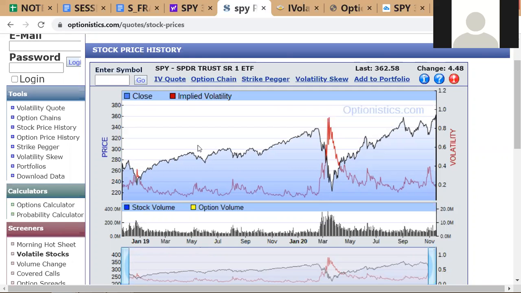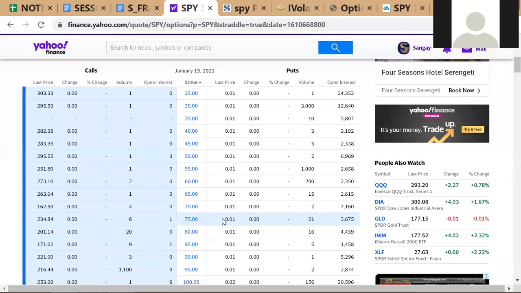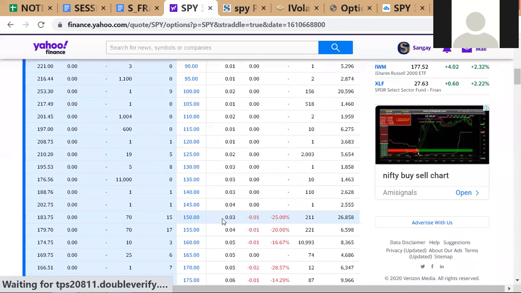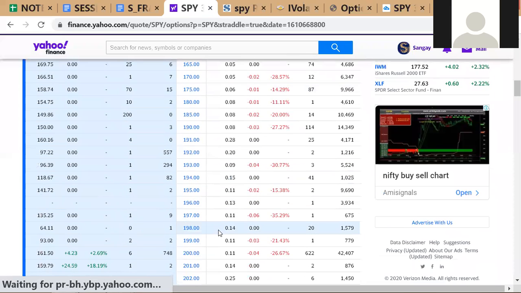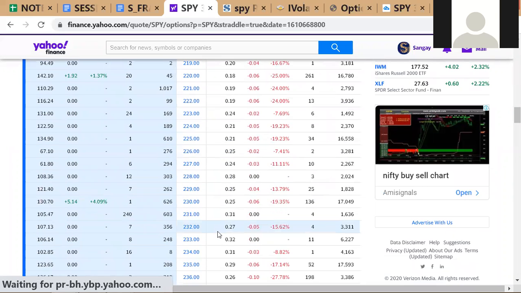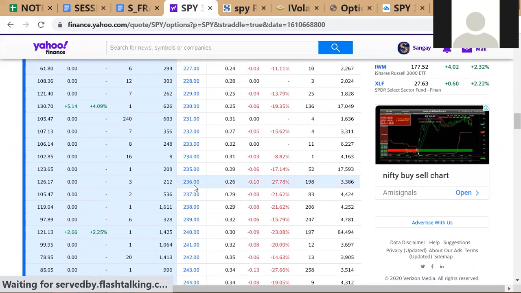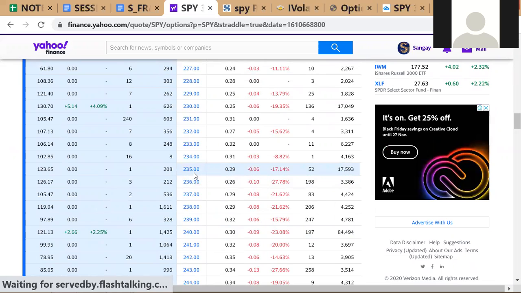See here, if you were plotting the option price itself, let's say you're plotting this price. These are very low prices. Let's go down further and take this one, the 235 put. On the right hand side we have puts.